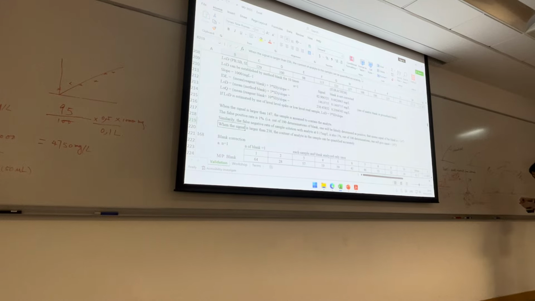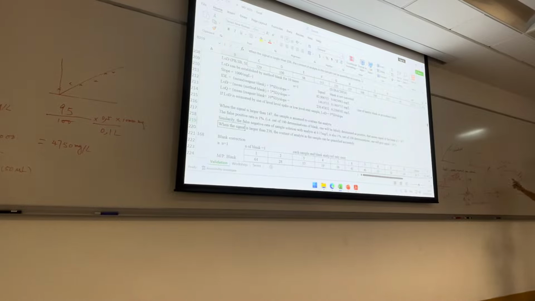This is the LOD. This will give you 147. And this will give you 230. Okay. Then these two, the SD will be quite similar because both of them are near zero.